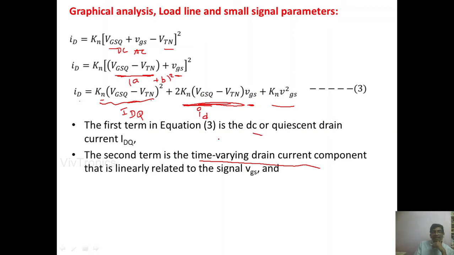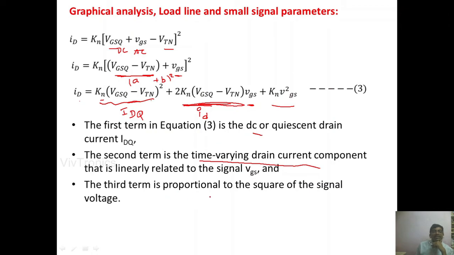And the third component, if you see, is proportional to the square of the signal voltage, so VGS square into this Kn.